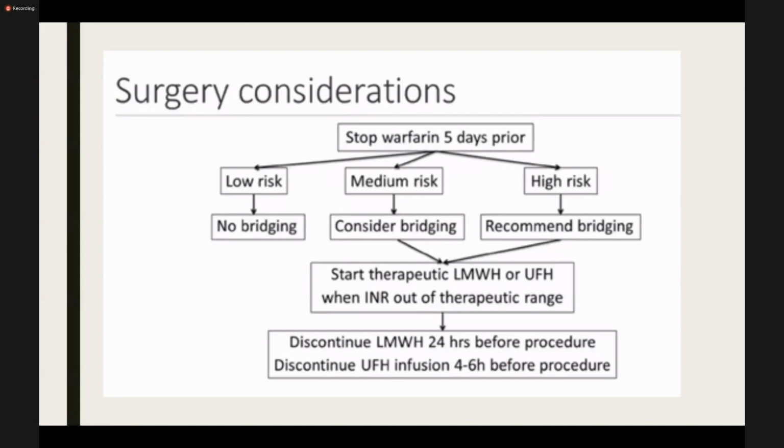Once you start heparin, you're going to discontinue heparin 24 hours before the procedure. After the procedure, you're going to restart the heparin 24 hours later.